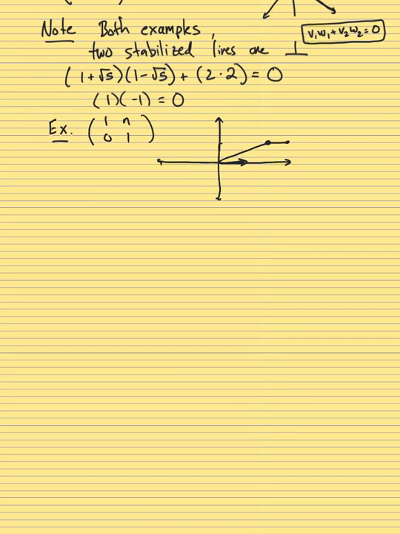This is the image of the square spanned by the standard coordinate axes. And now it's easy to see that there's no other stabilized line. There's only one line stabilized, namely the x-axis, and every other line through the origin. Of course, it also stabilizes lines that are parallel to the x-axis.